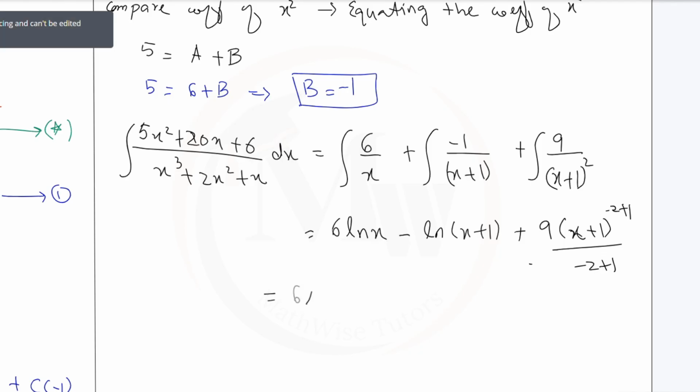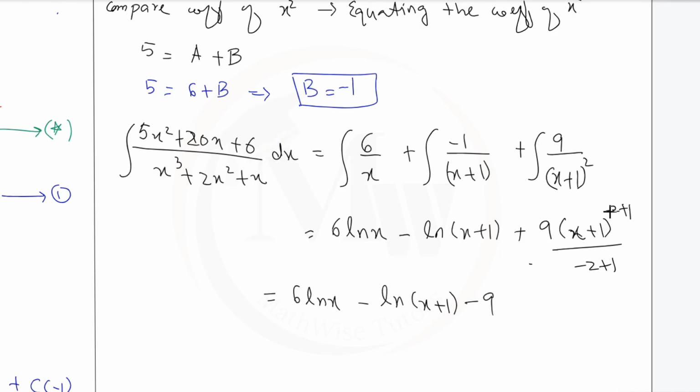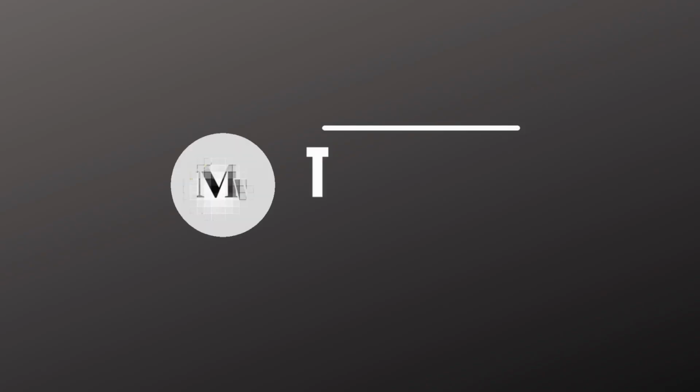By simplifying, 6 ln of x minus ln of x plus 1, and minus 2 plus 1 will become minus 1. So this negative will be positive, becomes minus 9, and x plus 1 with the negative power goes on the denominator. So minus 9 over x plus 1, plus c. This is the answer of the integration of 5x squared plus 20x plus 6 with this denominator term. Okay.